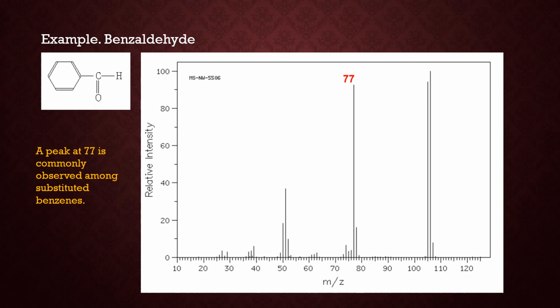So in summary of what we've just described in this part, you look at the fragments and you count how many AMUs separate that fragment from the molecular ion, and use that information to imagine a substituent breaking away from the molecular ion.